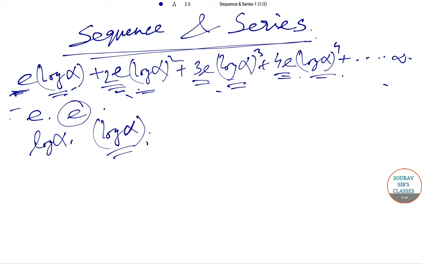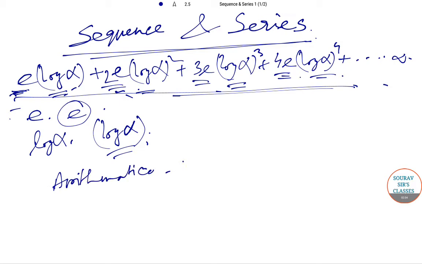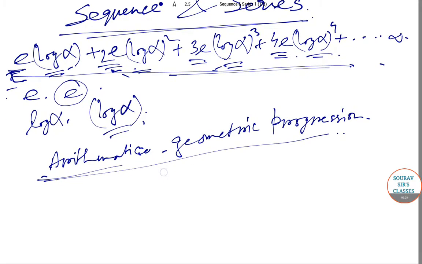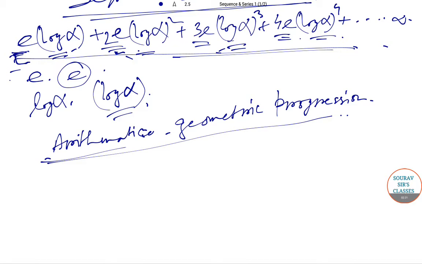So the total series is an Arithmetico-Geometric progression, as the first part of the terms is in AP and the second part is GP.